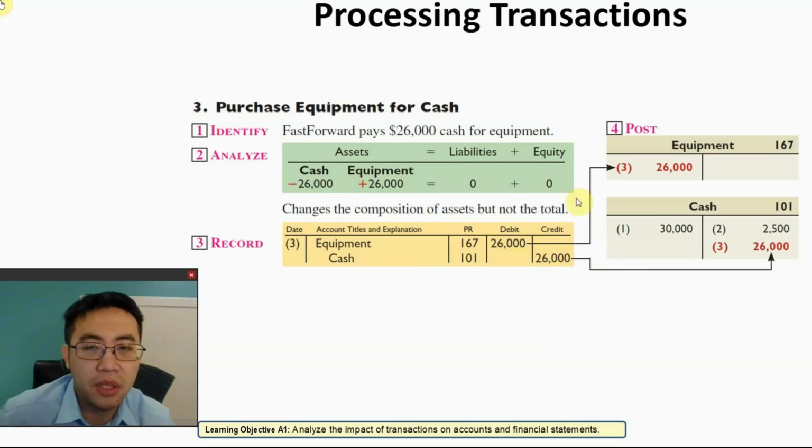And the last step is to put the number in the ledger. So for equipment, that's the ledger for equipment. That's a debit of 26,000, and for cash, now it combines 3 items, and the last item is a $26,000 credit because your cash got reduced due to the purchase of equipment.